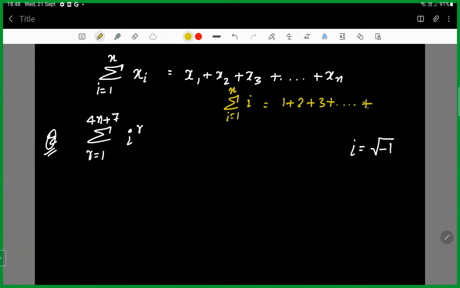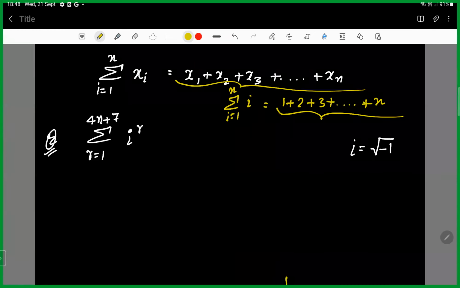Okay, that's the meaning. We have written this instead of this. You understood? You have to understand.